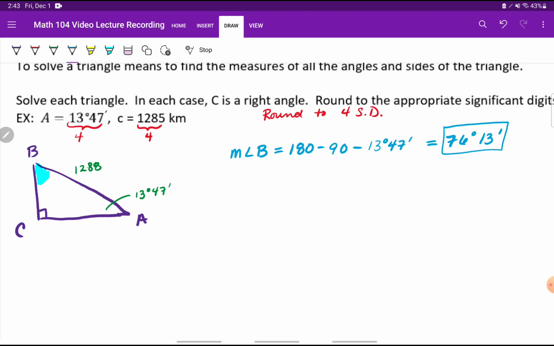Now we need to find our two sides, side A and side B, and I can use this angle A here on the bottom to find each of them. If I want to find side A first, from my angle A, side A is opposite and the hypotenuse is known. So we have opposite and hypotenuse, that's sine.